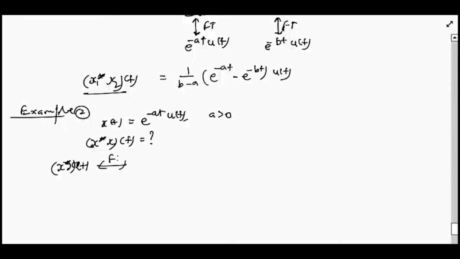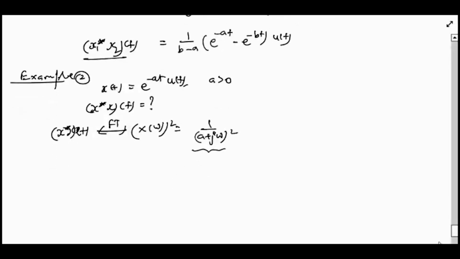will have Fourier transform which is X(omega) whole square, which we know is (1 over a plus j omega) square. Notice that this 1 over (a plus j omega) square can be written as j times d over d omega of 1 over (a plus j omega). We can compute the derivative and verify this assertion. So this in turn is equal to j d over d omega X(omega).